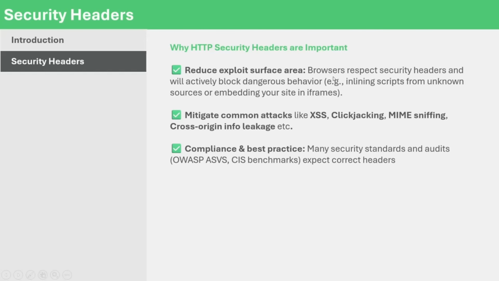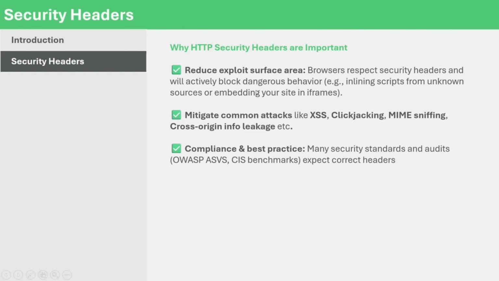The browser respects security headers and will actively block dangerous behavior like inlining script from unknown sources or embedding your site in iframes. As I mentioned, HTTP security headers mitigate common attacks like XSS attack, clickjacking, MIME sniffing, cross-origin info leakage, etc. And we also add HTTP security headers for compliance and best practices.